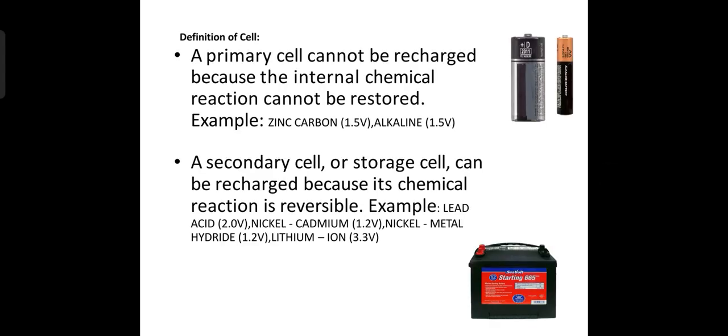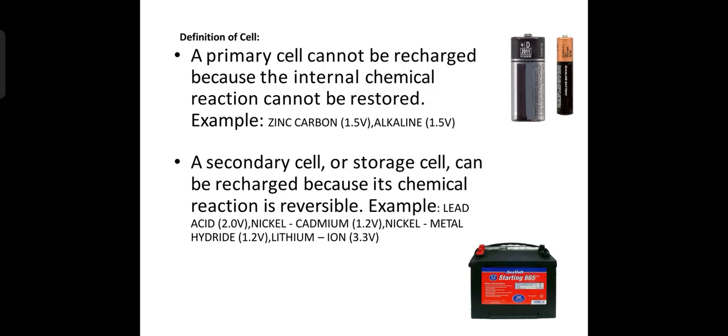Definition of a cell: a primary cell cannot be recharged because the internal chemical reactions cannot be restored. For example, this is the zinc carbon battery, that is a 1.5 volt battery, and alkaline 1.5 volt. As you see, these are examples of batteries we use in our daily routine appliances, TV remotes.